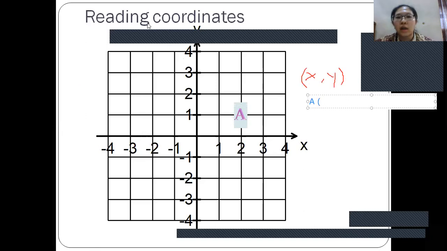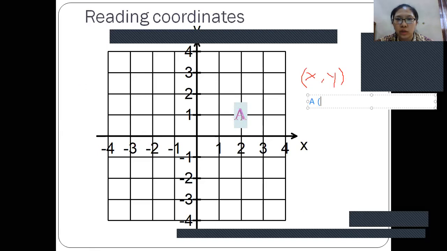On X, A is pointed at the position of 2. On Y, A is at the position of 1. So the coordinate of A is (2, 1).